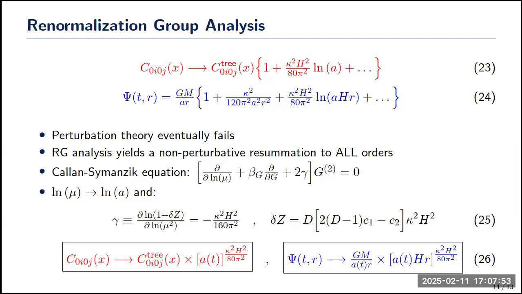Okay, I'm basically at the end. When you solve that for both the Weyl tensor and the Newtonian potential, they grow like this: the tree order result times the scale factor, which goes like GH squared in the exponent. So what we've done is, if you know the coefficients of your renormalization counterterms, that completely determines the resummation scheme using the renormalization group analysis.